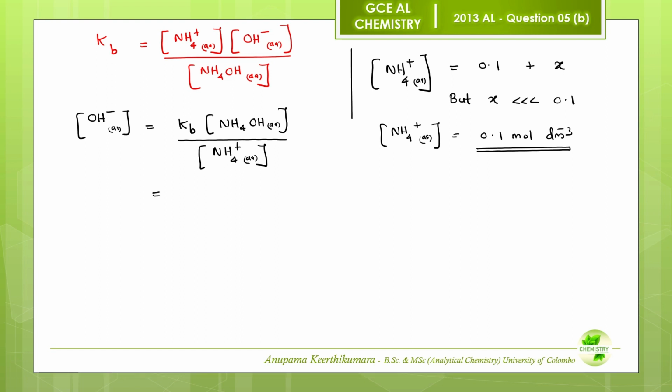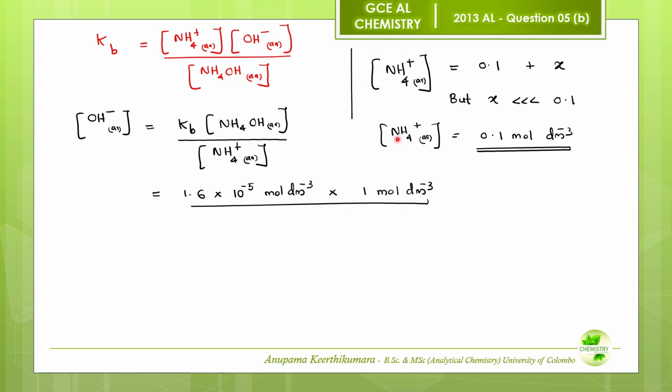Kb equals 1.6 times 10 to the negative fifth moles per cubic decimeter. Concentration of ammonium hydroxide is 1 mole per cubic decimeter, divided by the concentration of ammonium ions.